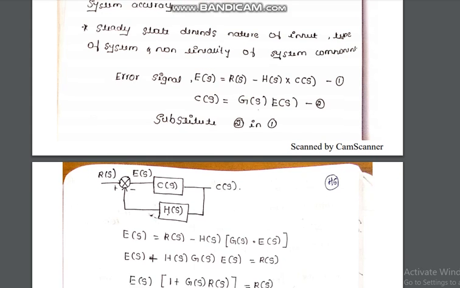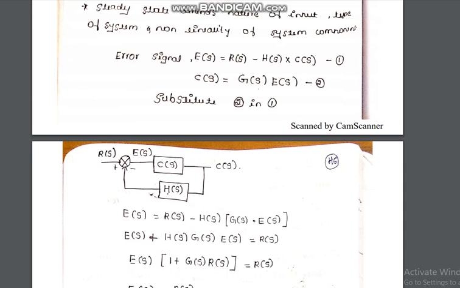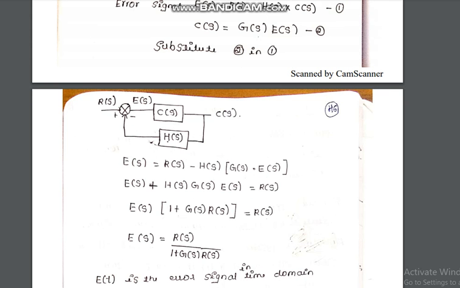Then the error signal E(s): just substitute equation 2 in 1. E(s) is equal to R(s) minus H(s) into C(s), that is, C(s) is G(s) into E(s). Substitute, simplify, multiply, and we will get the error signal E(s) is equal to R(s) divided by 1 plus G(s) into H(s). Here E(s) is the error signal, and E(t) is the error signal in the time domain.